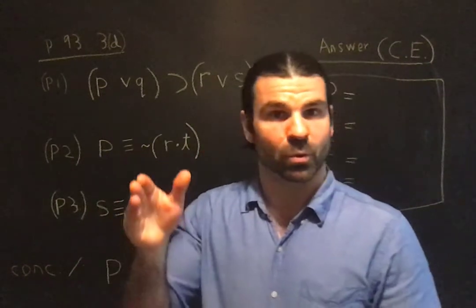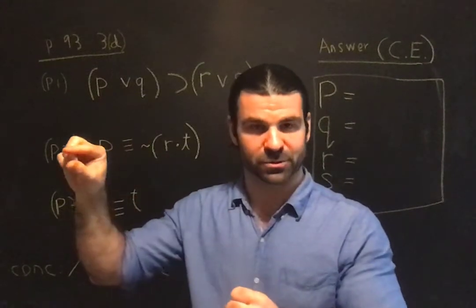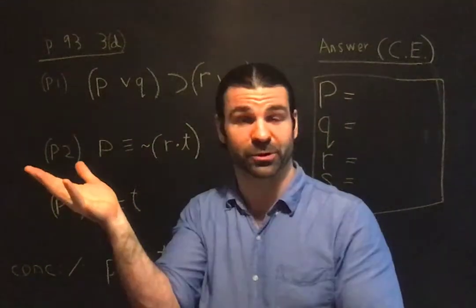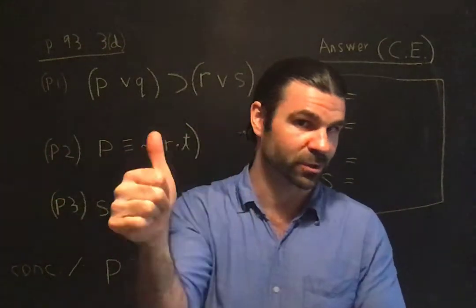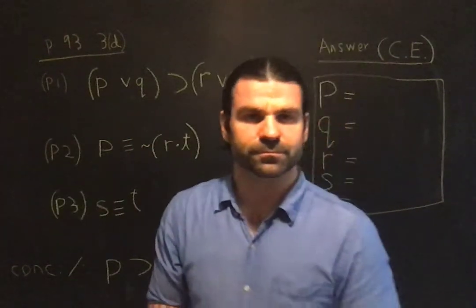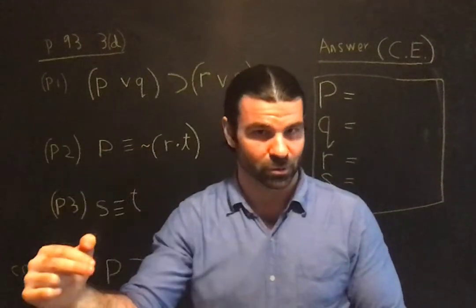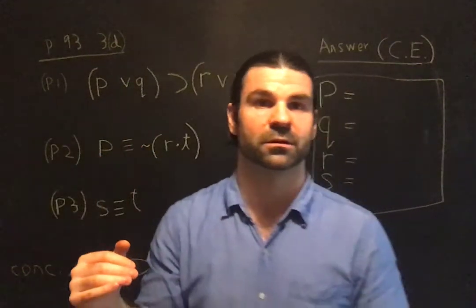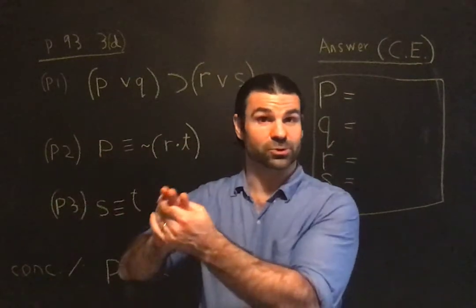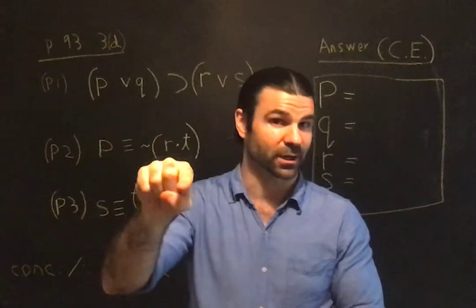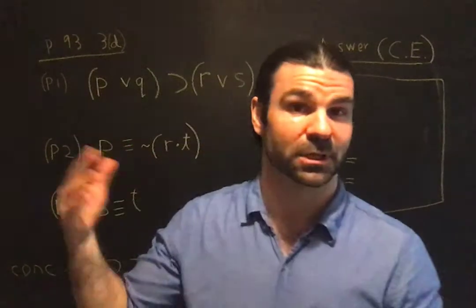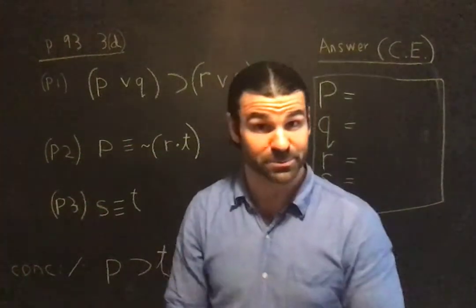Remember, for a truth table, if the argument has only two sentential variables, like modus ponens, P or Q, second premise P, third premise Q, there's only two sentential variables, only 4 rows needed for the truth table. If you had 3 variables, though, to exhaust all the possible combinations, if you've got P, Q, and R, you need 8 rows, 4 variables, 16 rows, 5 variables, 32 rows. It gets big pretty quickly, right?